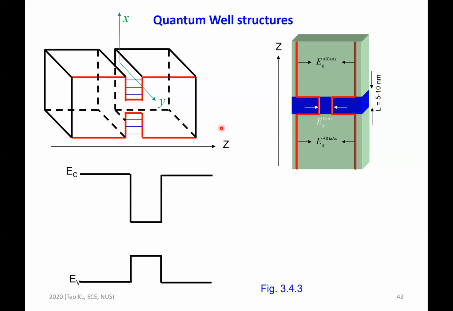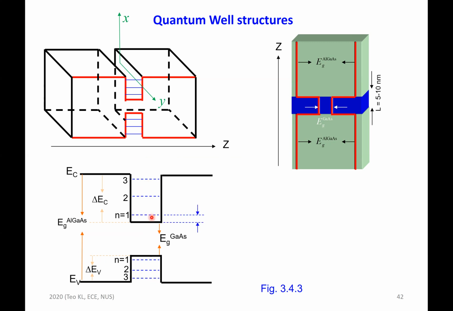Now, we have discussed previously that this is the conduction band offset, and this is the valence band offset for the aluminum gallium arsenide and gallium arsenide quantum well. And these are the quantized states: n equals 1, n equals 2, n equals 3.